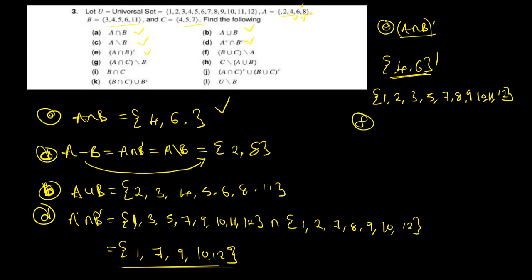Okay, so we go to F. All right, so for F we are saying F is given as B union C, subtract A. So this is B union C subtracting A. All right, so let's list B union C. B union C will be, you bring everything from B and C. The numbers I can see from B are 2, 3.